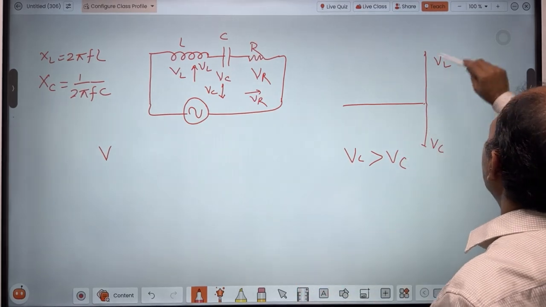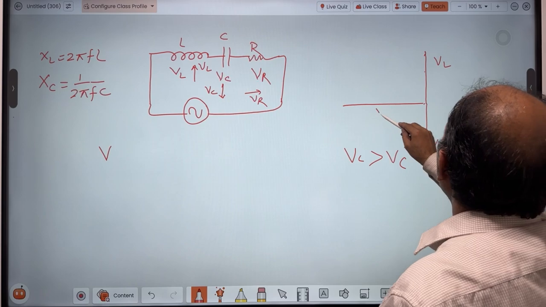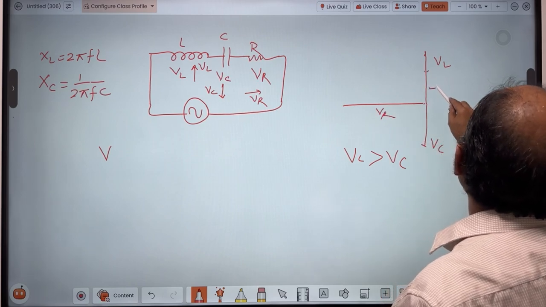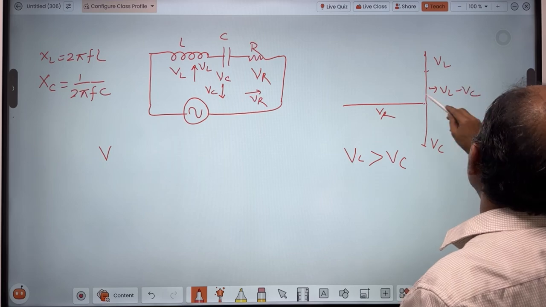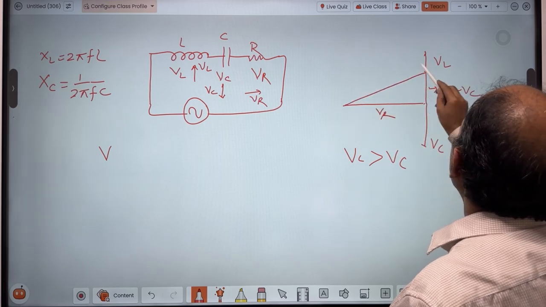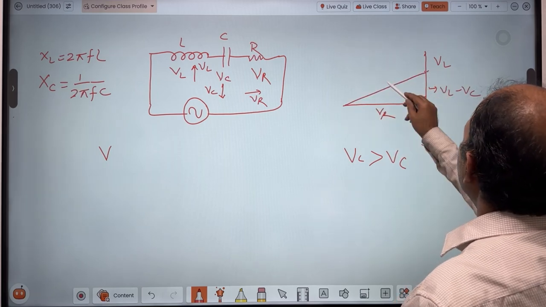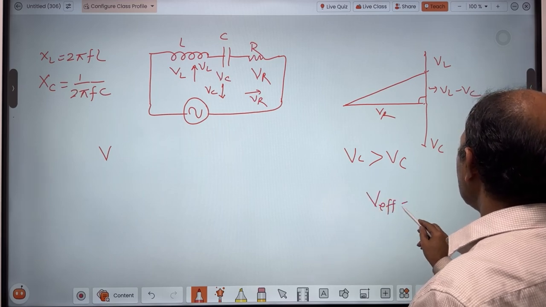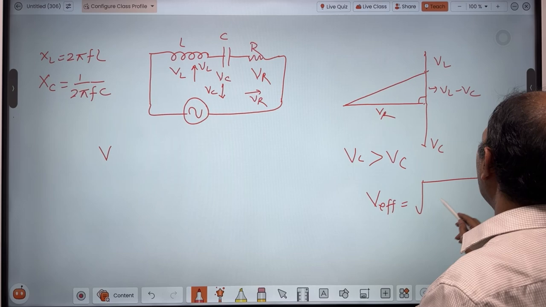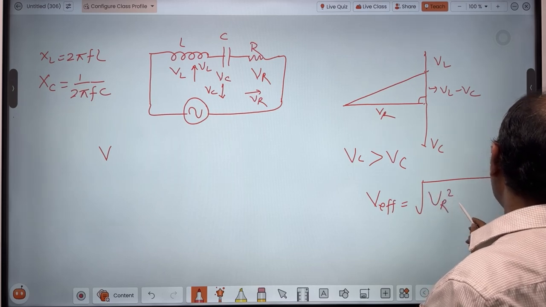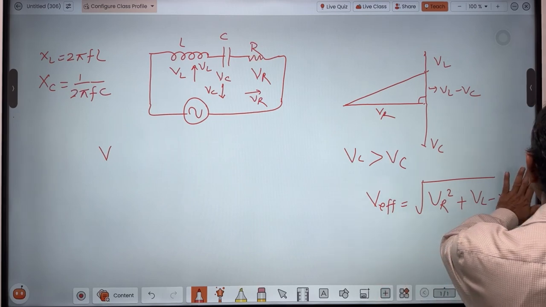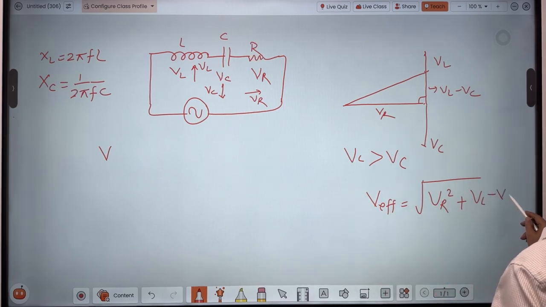If VL is greater than VC, then what happens? Net voltage will be in this direction, and this is VR, right? And this will be VL minus VC. So net voltage can be found by using Pythagoras theorem. So effective voltage, let's write it as V effective, will be equal to square root of VR square plus VL minus VC whole square, right?